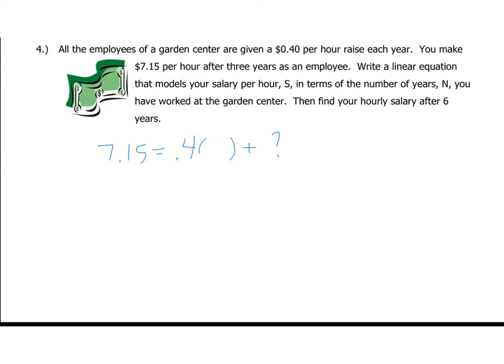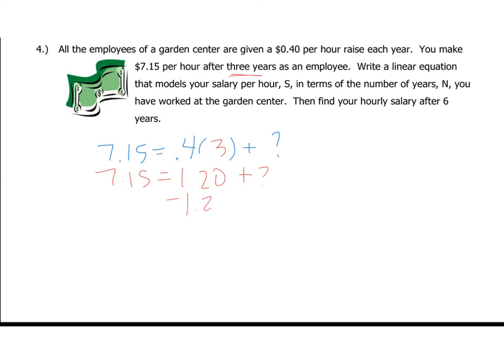Instead of number of years, we're going to put 3 because you were there for 3 years. So we need to find 0.40 times 3, which is $1.20. So 7.15 equals 1.20 plus question mark, because that's our starting.